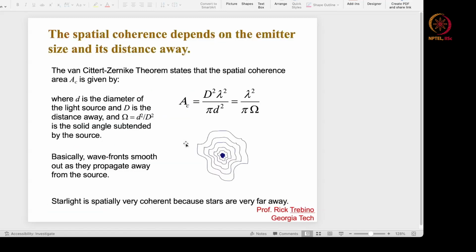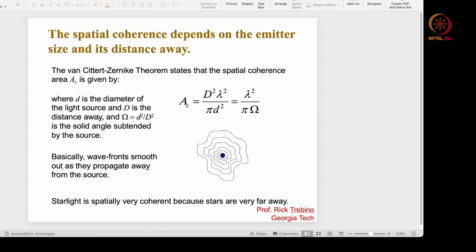All right. Now the spatial coherence depends on the emitter size and the distance. Remember that we conceived of the idea of a spatial coherence area. So this is given by the Van Cittert-Zernike theorem, which states that the spatial coherence area is given by this particular parameter. Now, if you look at this parameter, small d is the diameter of the light source, right?